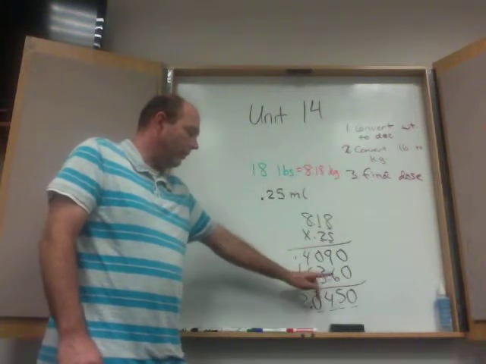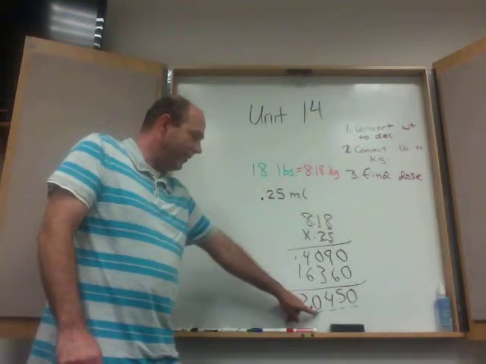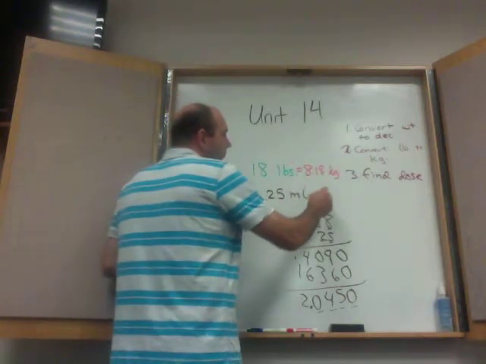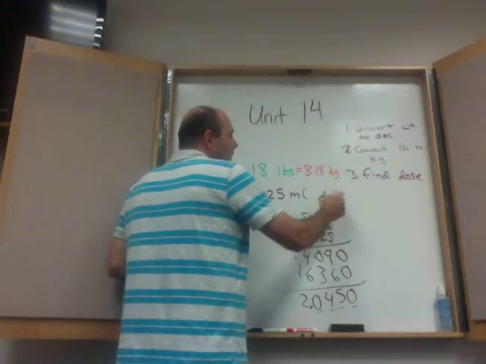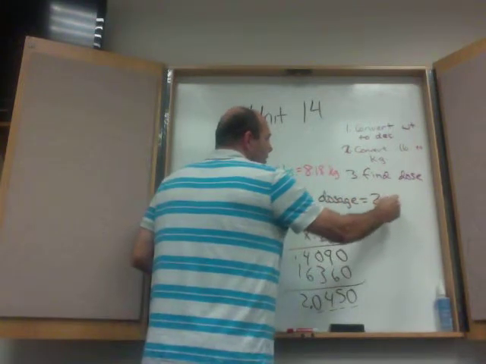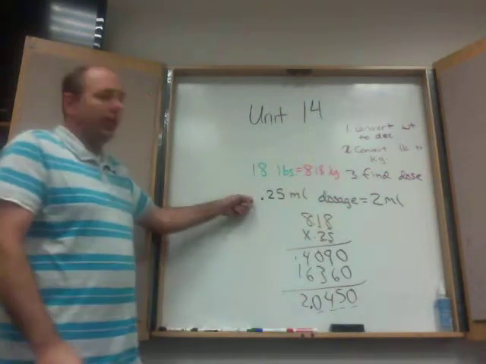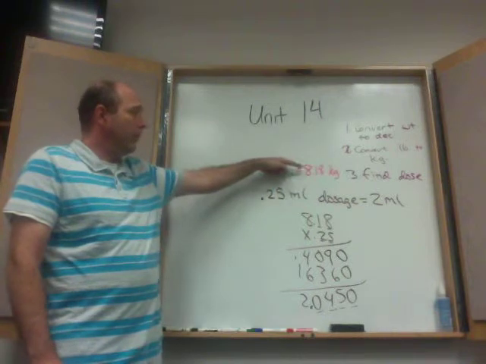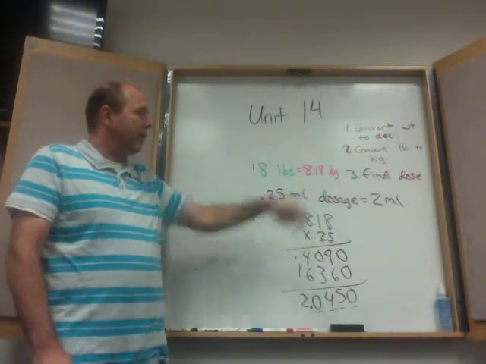So I'm looking at the 0, which tells me I'm just going to round it to 2. So the dosage would be 2 milliliters. If I'm taking a 1/4 milliliter or 25/100th of a milliliter per kilogram, then I'm going to need to take 2 milliliters.